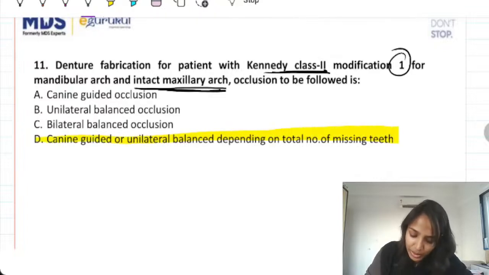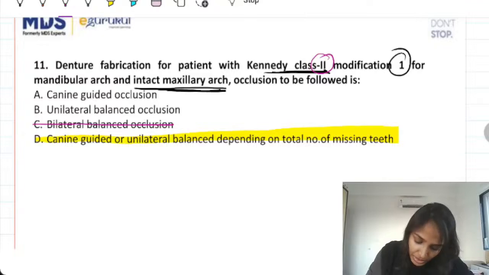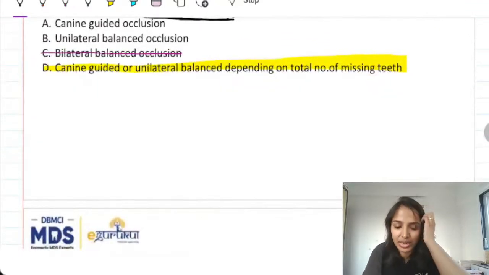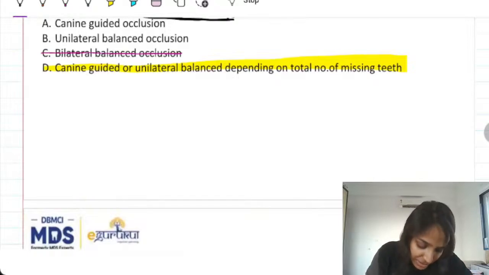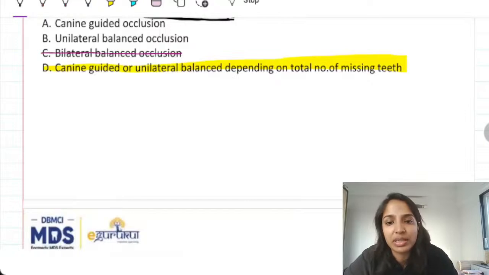Now we'll eliminate one by one all of them. Since you have only a unilateral distal extension case because it is a Kennedy class 2 plus opposing arch is an intact natural arch, bilateral balanced goes out of the option. Now, if the restoration has to re-establish the lateral guidance and canine protected articulation is preferred when natural canines would be present.